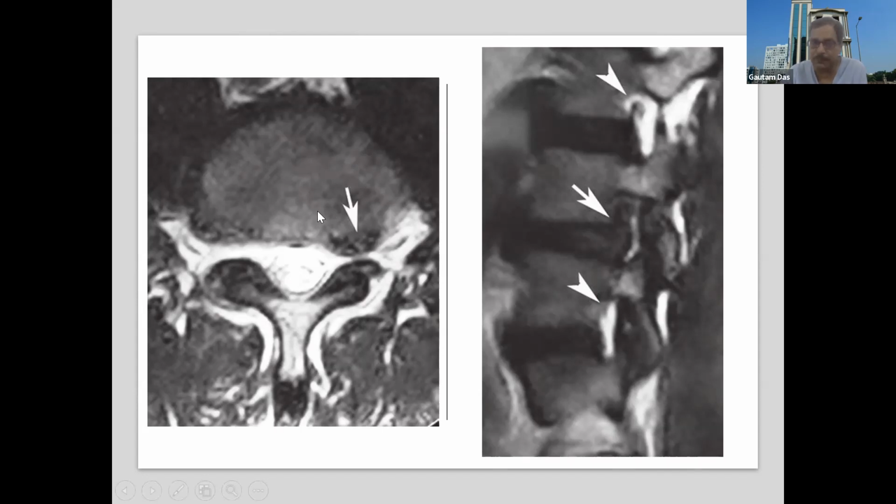So if it is your L3-4 disc, then the exiting L3 will be involved, right? So if it is L3, where is the L3 supplying? L3 is which part? Anterior part of the thigh. Anterior thigh and going to the medial part of the knee.